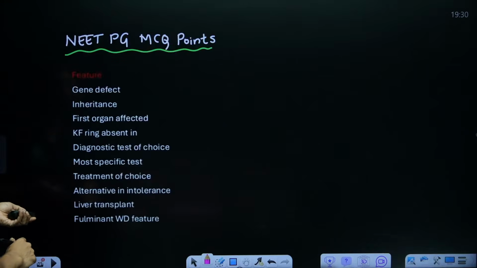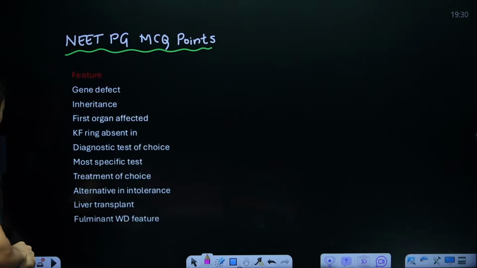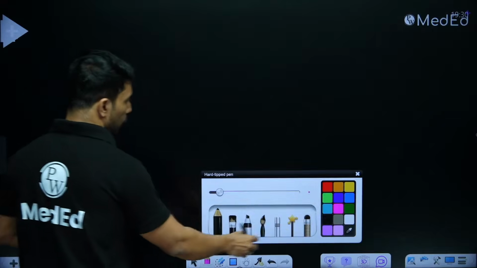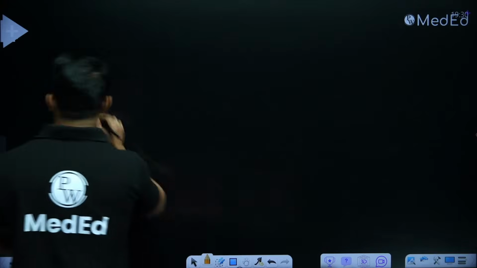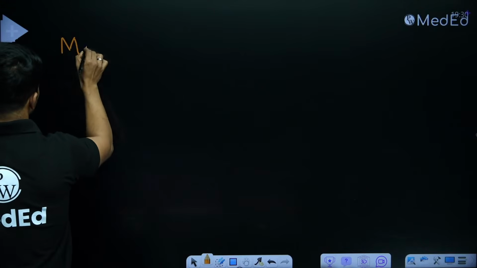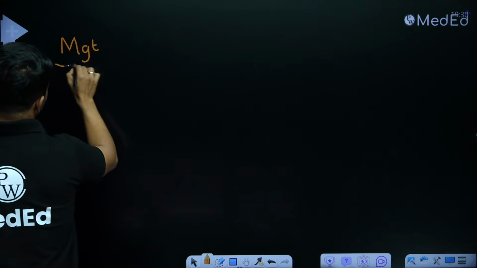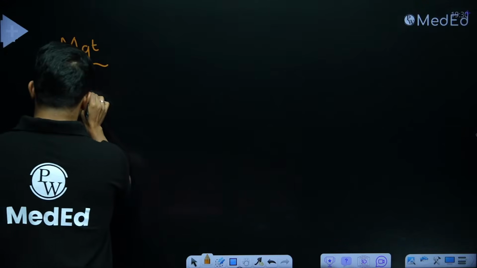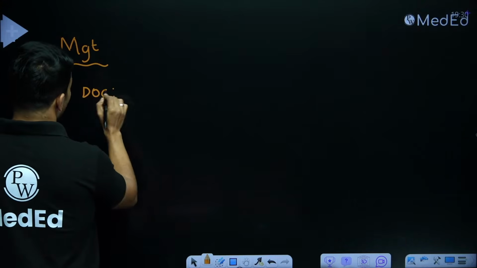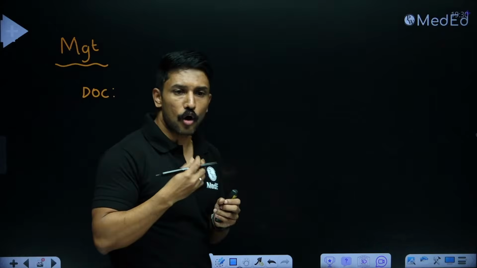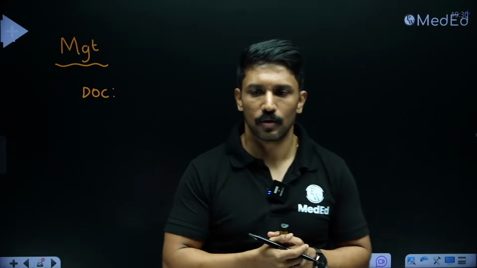Okay. So once I have diagnosed with the Leipzig score, the next question is, how am I going to manage these patients? So let us talk about the management of Wilson disease. We know that it is causing damage to the liver, brain, and other organs. So the drug of choice is going to be a copper chelating agent. You will give a copper chelating agent to bring down the organ load of copper.